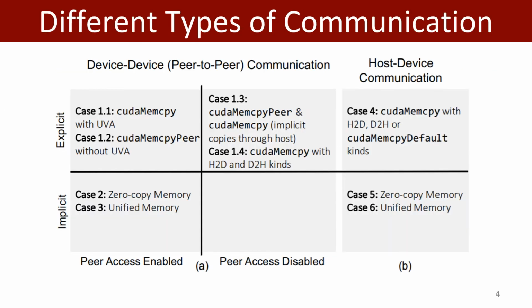Here in this table, we have categorized various data transfer options that CUDA API offers to handle the intra-node communication. There are several factors to consider while classifying, such as the availability of peer access or whether the communication is implicit or explicit.